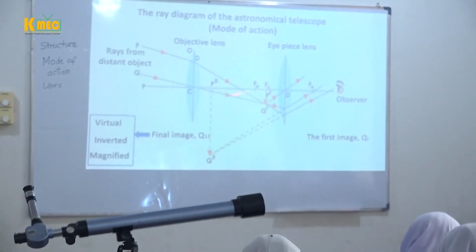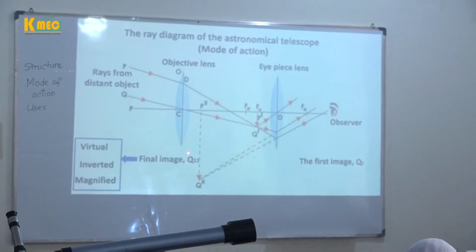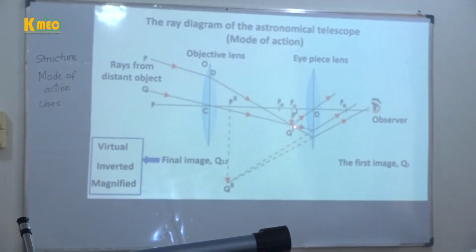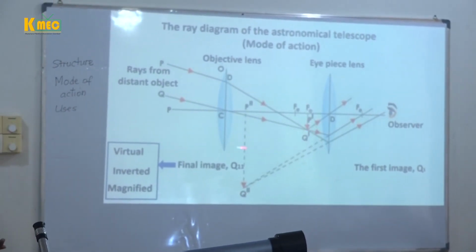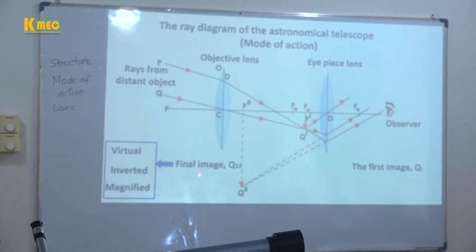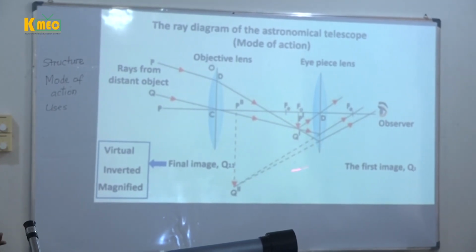If the size of the image is larger compared to the size of the object, then we can say that the image is magnified. But when the size of the image is smaller compared to the size of the object, then we can say the image is diminished.